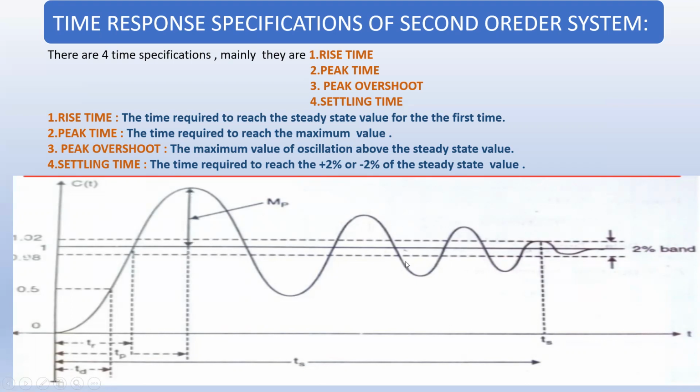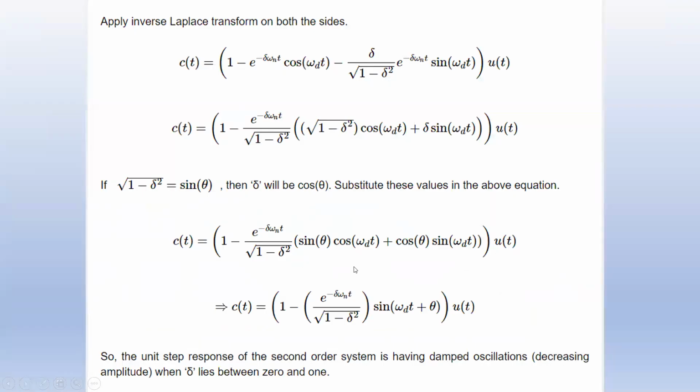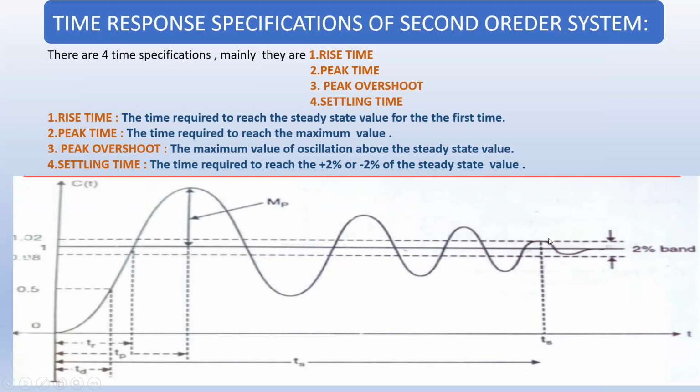So these oscillations will die out exponentially, this sinusoidal variation will die exponentially, as we have seen because of this expression over here. Whenever it reaches this 2% band, it is said to be in steady state. Before that, we have the transient response, and here we have the steady state response.